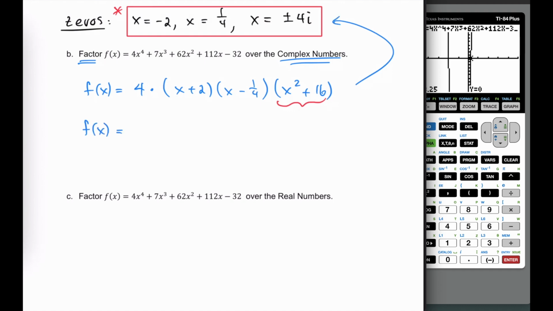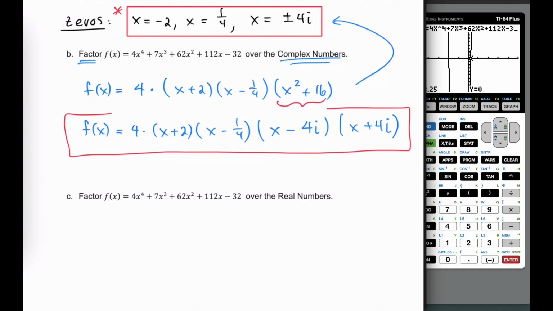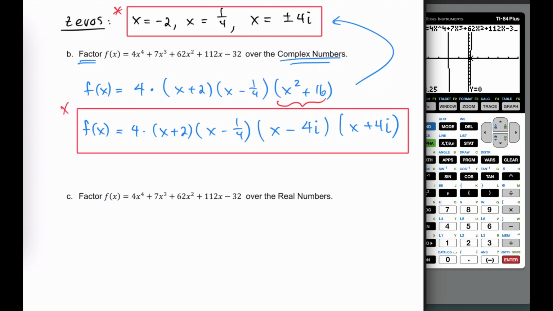So we have f of x is equal to 4 times x plus 2, x minus 1/4, and x squared plus 16 factors into x minus the 0, which is 4i, and x minus the other 0, negative 4i, which can be simplified into x plus 4i. So if we're allowed to factor over the complex numbers, we can factor the polynomial down to all linear factors. We can factor this irreducible quadratic once we have found its zeros.